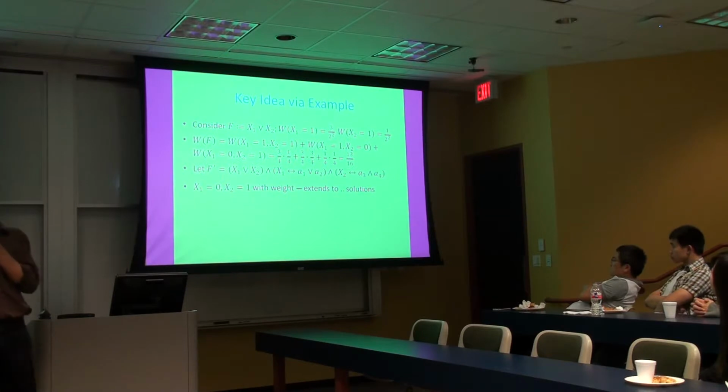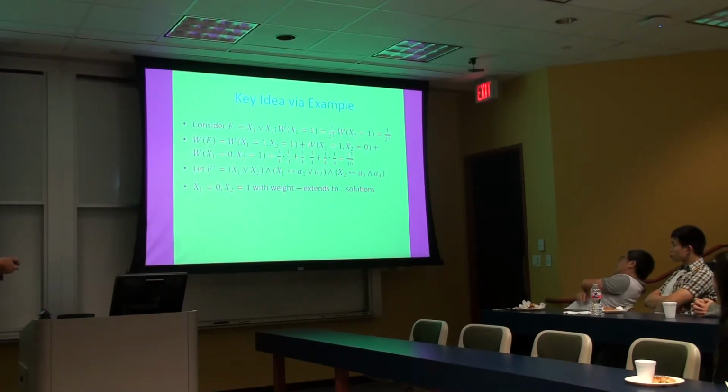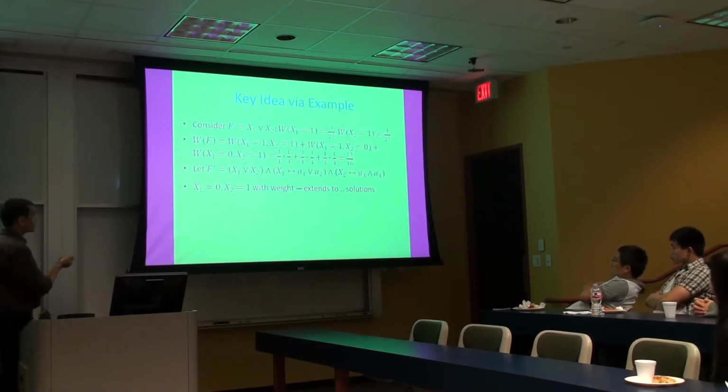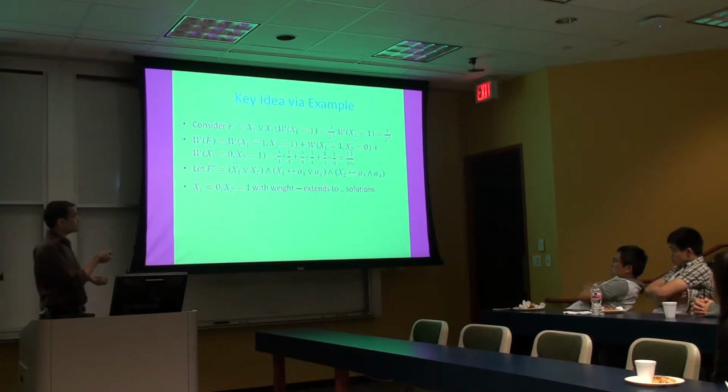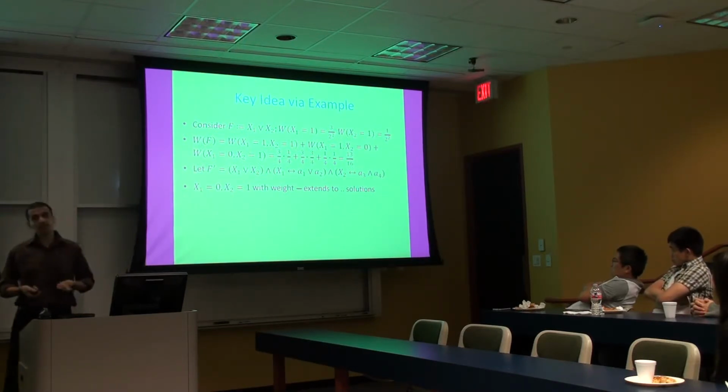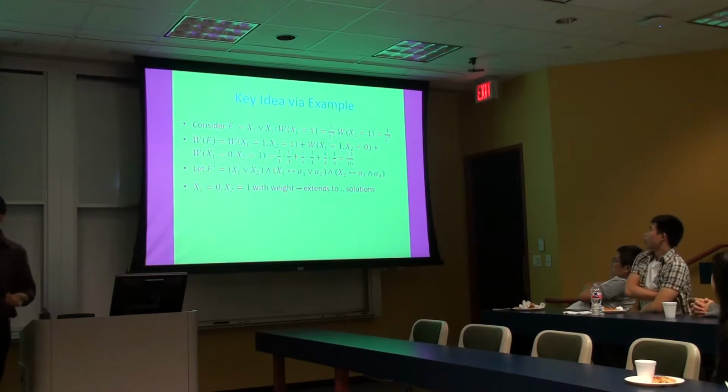Let's try something else: x1 equals 0, x2 equals 1. x1 being 0 implies that a1 and a2 both have to be 0, right? That's the or, again, middle school math. And x2 being 1 implies a3 and a4 both have to be 1.